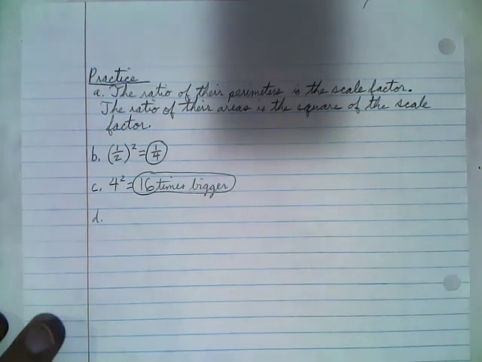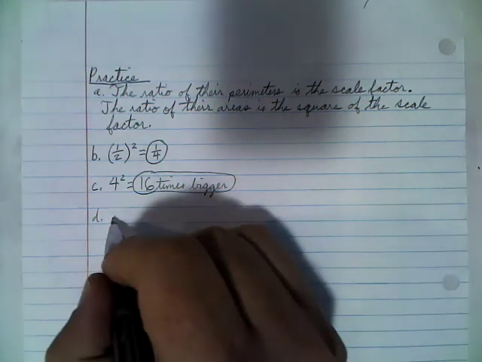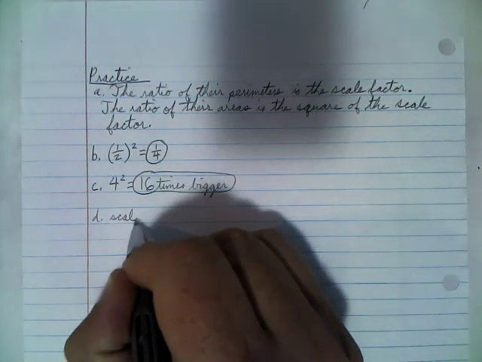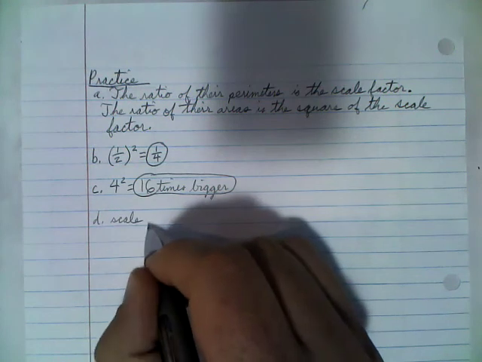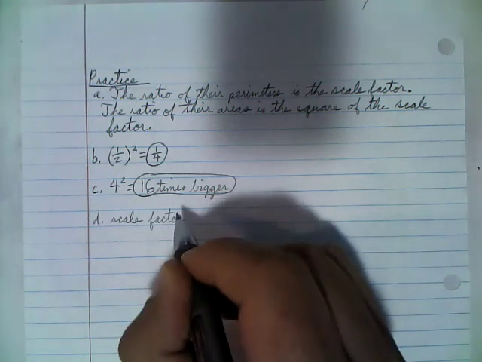D. Find the scale factor of the smaller rectangle to the larger rectangle. Find the ratios of the perimeters and areas of the larger rectangle to the smaller triangle. So first of all, scale factor.